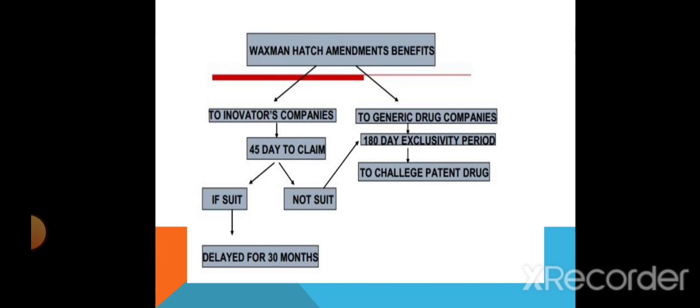After that, if they sue, then it is delayed for 30 months. If they do not sue, the generic drug company can manufacture and take benefit of the 180-day exclusivity period and also challenge the patented drug.